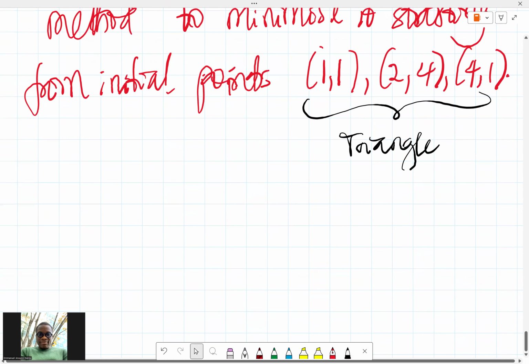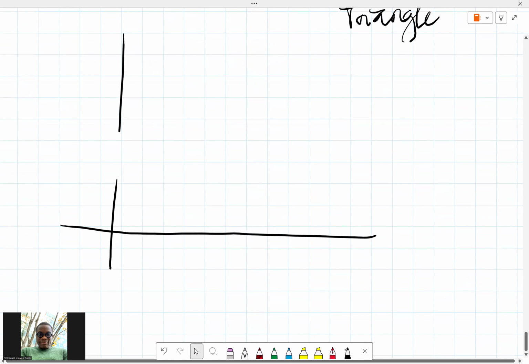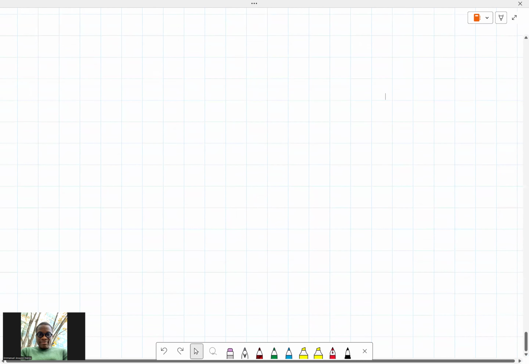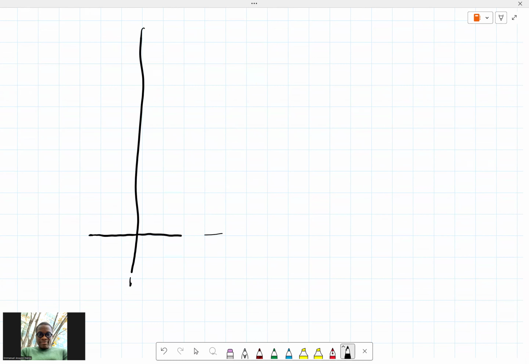So if you look at this, imagine you have this, and let me at least be a bit close to scale if possible. This is 1, 2, 3, and 4 for the x-axis.